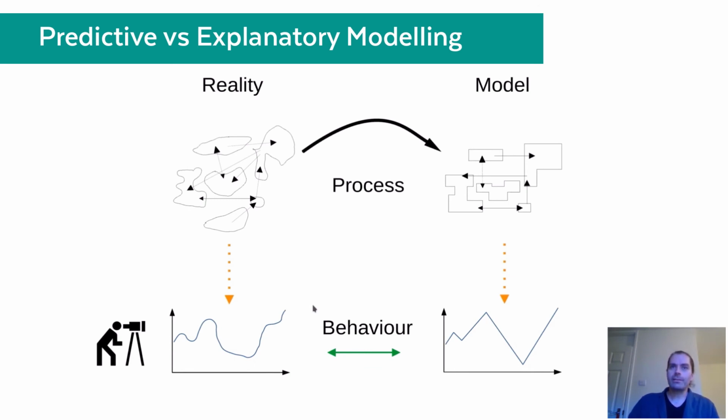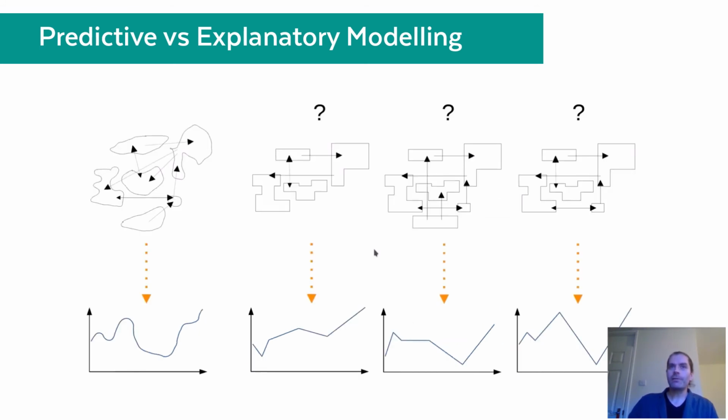Now, if we look at the other type of model, the explanatory model, the situation is slightly different. What we're interested in here is, of course, the behavior, but only insofar as it tells us something about the process that's happening. So we want to know how this part up here, the complicated reality, generates the behavior that we observe. And to do that, since we can't observe that part directly, we don't really have a handle on it in most cases.